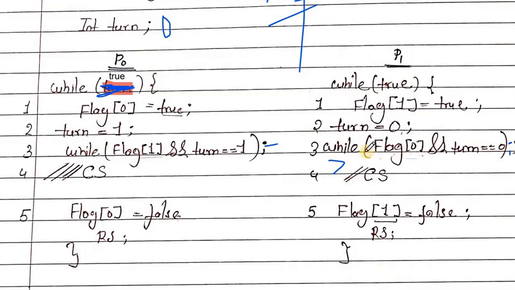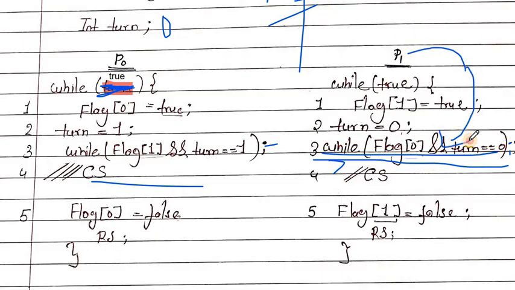Here P1 is in the while loop. When process P0 is in the critical section, preemption happens and P1 tries to enter the critical section and gets stuck in the while loop. Then preemption happens again and P0 executes the critical section and comes out.